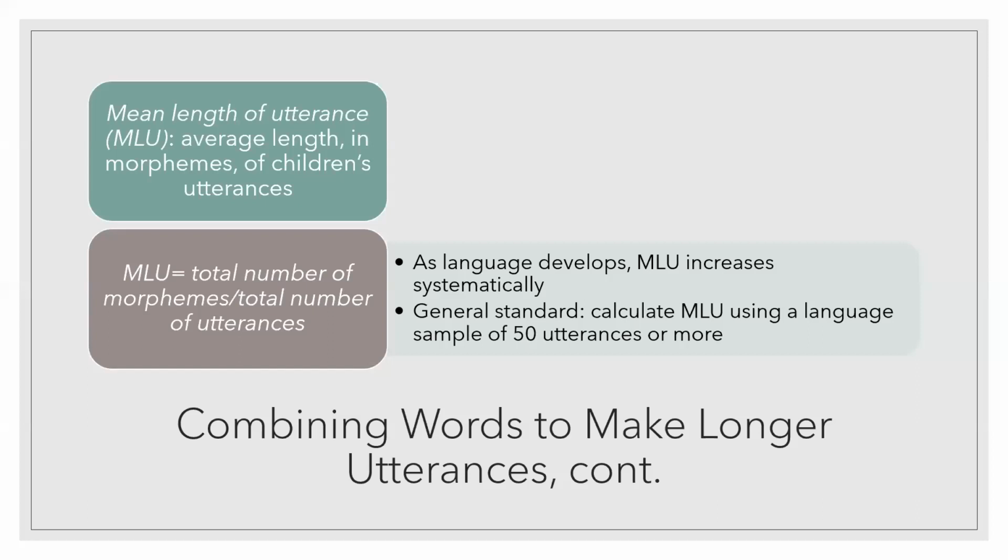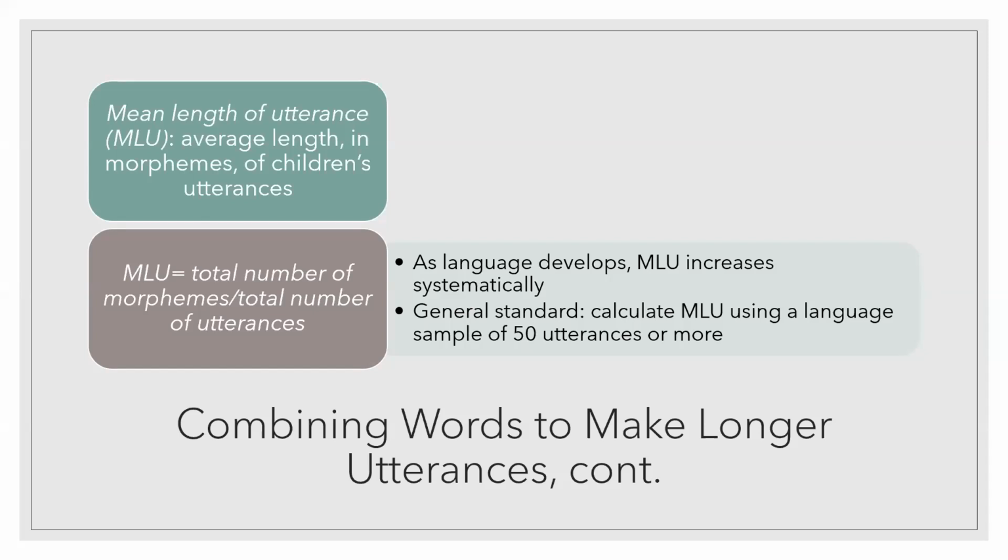Well, MLU stands for mean length of utterance. And in this case, the mean, no pun intended, means average. So it is the average length of an utterance. So some utterances are going to be long, and some of them are going to be very short, but when you add them all together and divide by the number of utterances, what you get is the average length, and that is the mean length in morphemes.